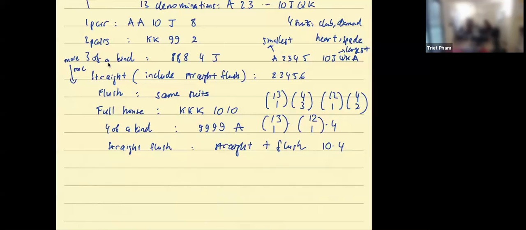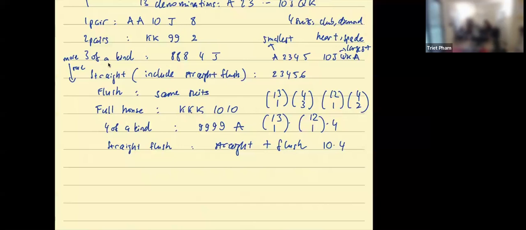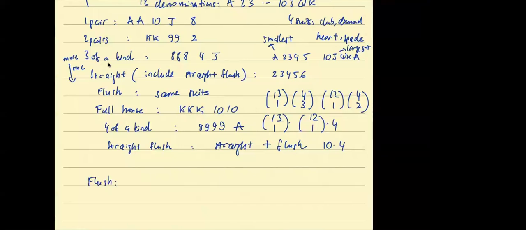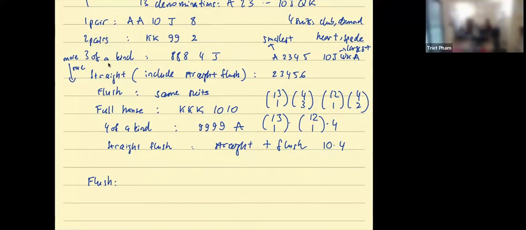All right, flush. Let me write it down here. I think that would be 13 choose 5 and then times 4 for each suit. Correct, that's excellent, so they all have the same suit. Let's go like this: 4 choose 1 first. 4 choose 1 means out of the 4 suits, you choose the 1 suit for your flush.